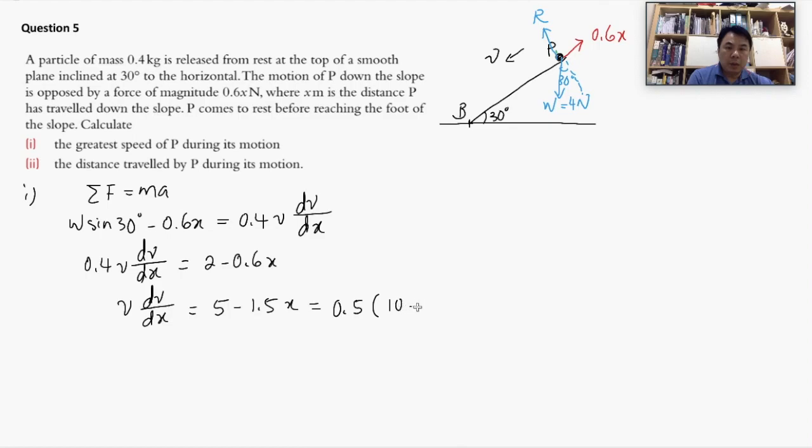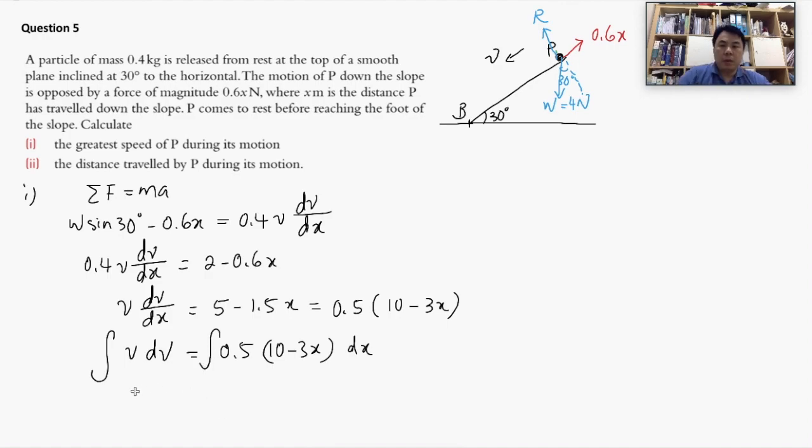So there will be a 10, and then a 3x. Maybe it's easier to work with this. Here we have v dv, and on this side we have 10 minus 3x, dx, integrations. So we have v squared over 2 is equal to 0.5 times 10x minus 1.5x squared, plus c.